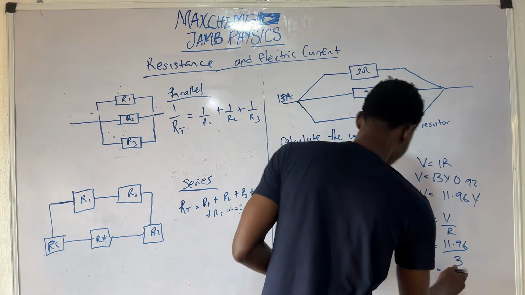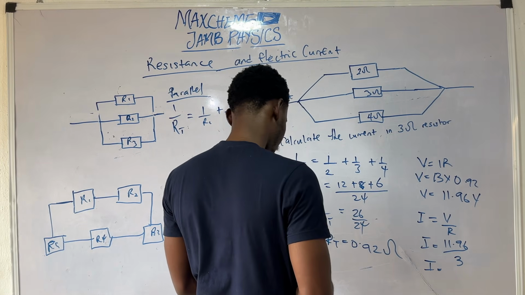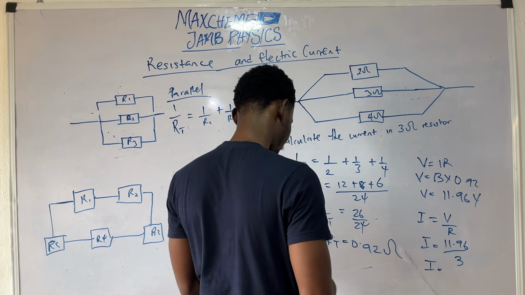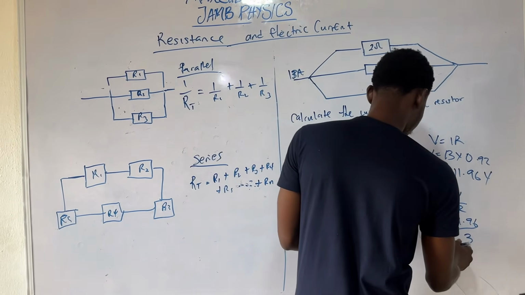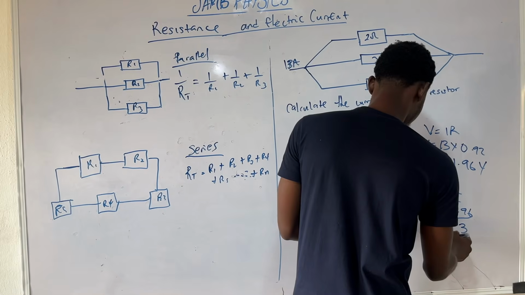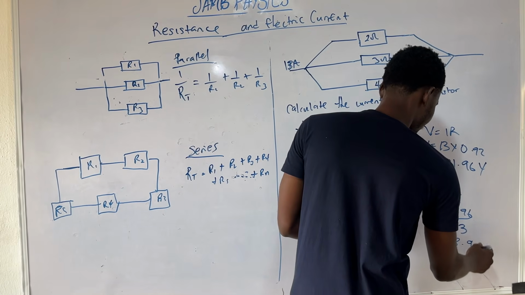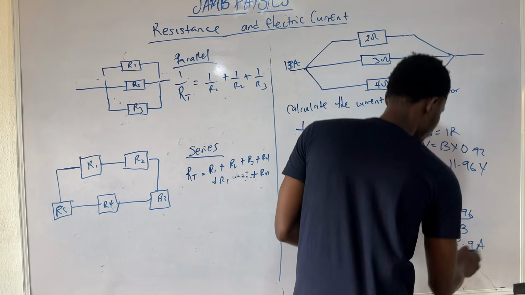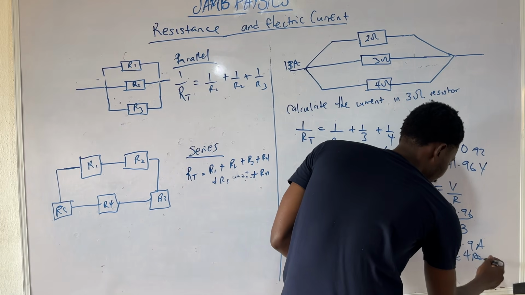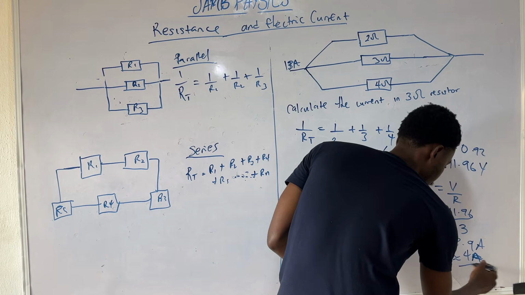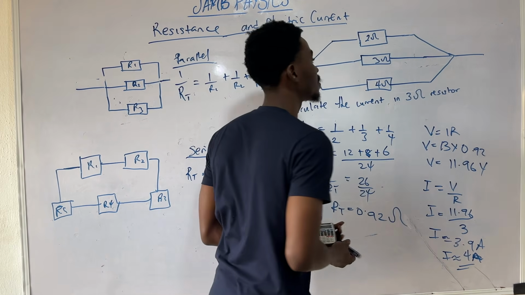So the current is given by 11.96 divided by 3. That gives me a current of approximately 3.9 amps, or you can say the current is approximately 4 ampere. So this is how you solve a question like this.